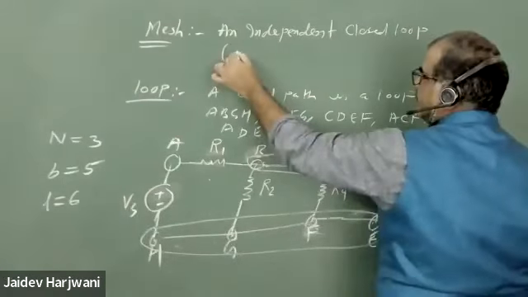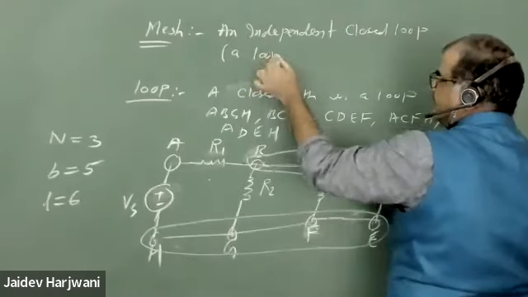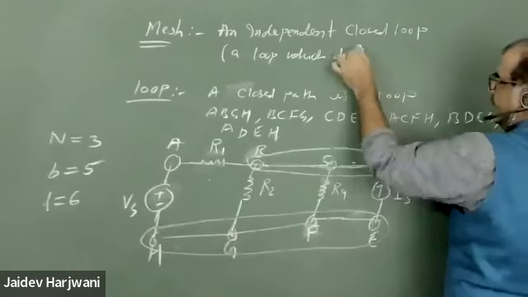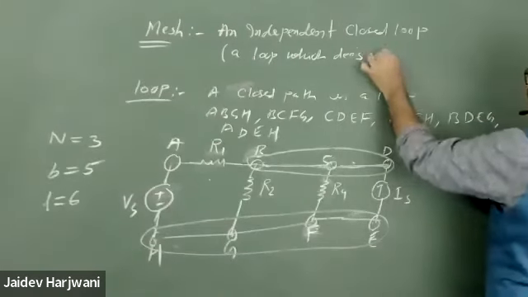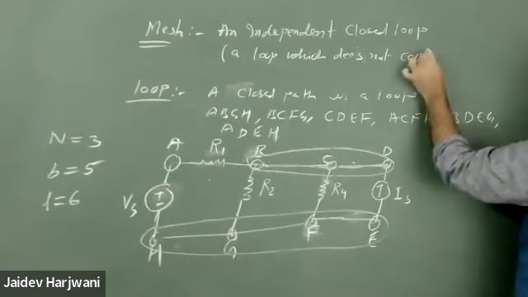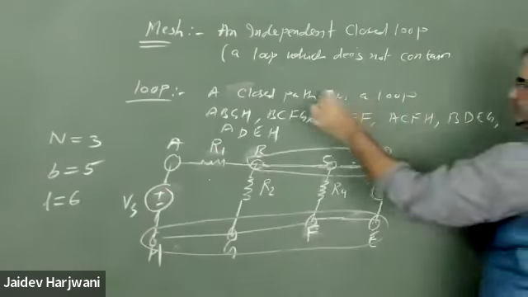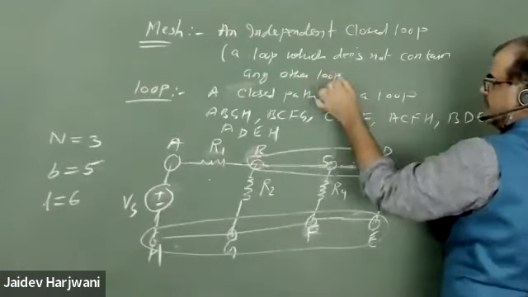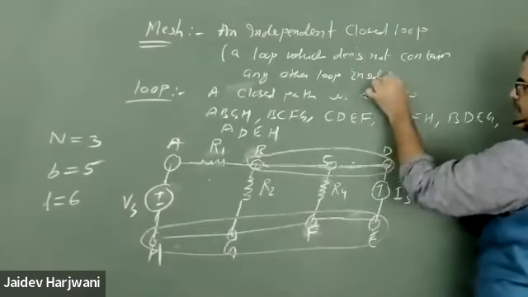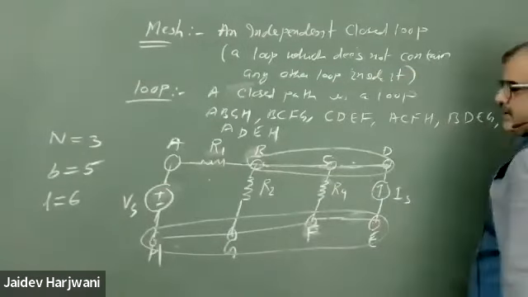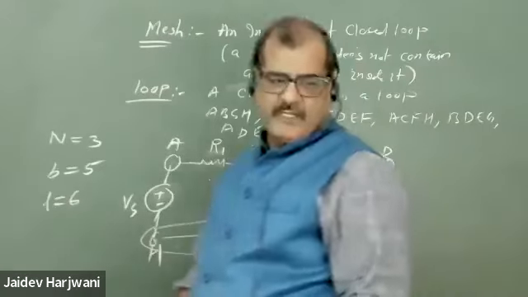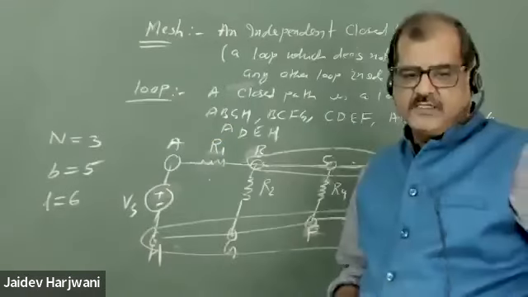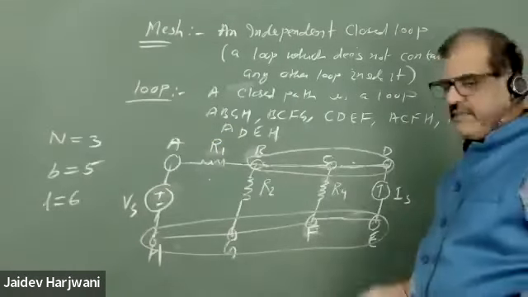Independent means a loop which does not contain any other loop inside it. Any independent loop which does not contain any loop inside it is called your mesh. So can you tell me how many meshes are there?